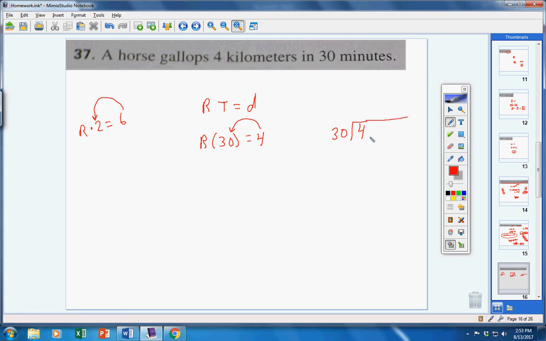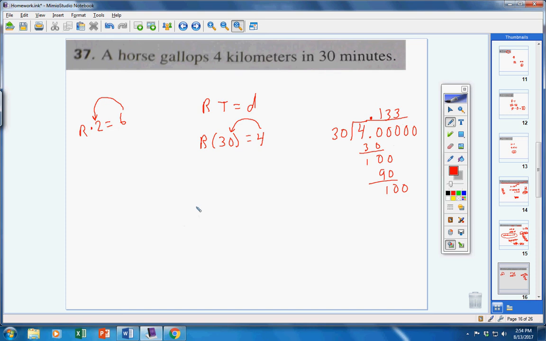Okay, let's add some zeros here. 30 times 1 is 30. Subtract, we get a 10, bring down a 0. 30 goes into 100 3 times, that would be 90. Subtract, we get a 10, bring down a 0, and now it's going to continue. 0.1333333.